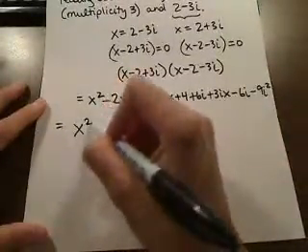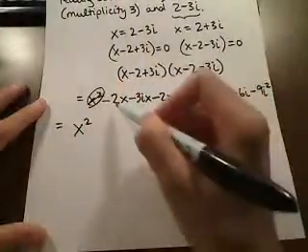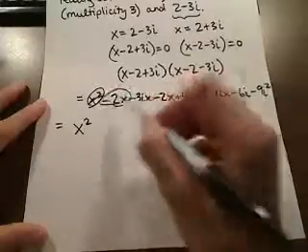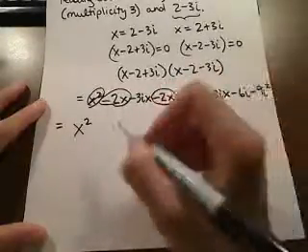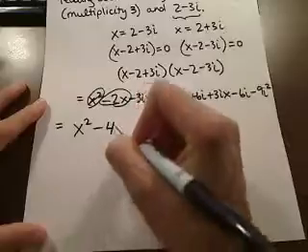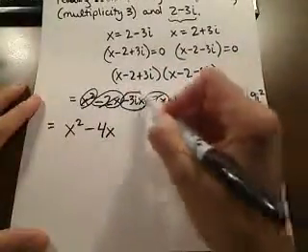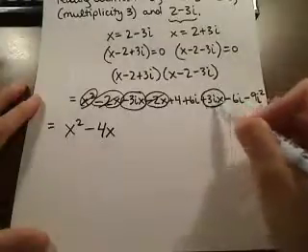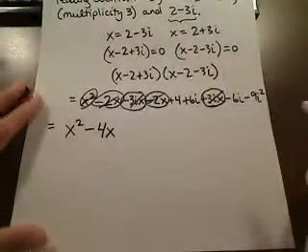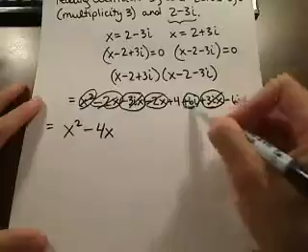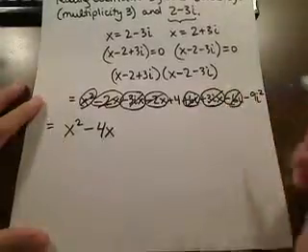So we've got x squared. There's a couple of minus 2x's, so minus 2x and minus 2x is minus 4x. We have the negative 3ix and the positive 3ix, and those add to be 0. Positive 6i and negative 6i add to be 0.